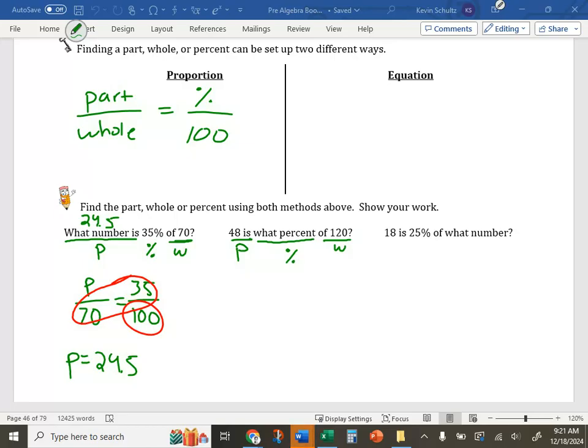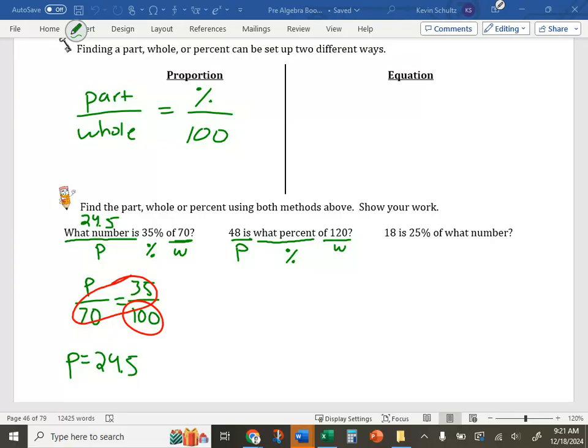So we've identified the part, identified the percent, identified the whole, put those pieces in their correct spot here now. Set up the proportion by putting those pieces in the correct place. 48's the part. Where does it go? 120 is the whole. Where does it go? Okay? Is there a question? Okay?